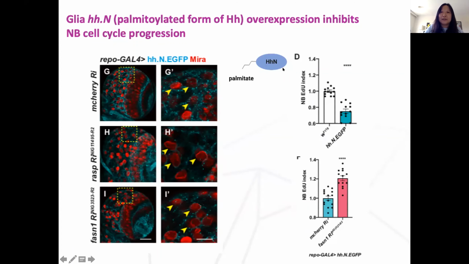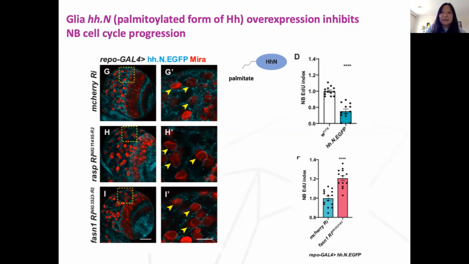And what she found is that when she overexpressed hedgehog N alone in the glia niche, she saw a very similar effect to overexpression of the full-length hedgehog, i.e. that neural stem cells significantly slow down their rate of cell cycle progression, suggesting that this palmitoylatable form of hedgehog N is important to administer the function of glia-neuroblast crosstalk.